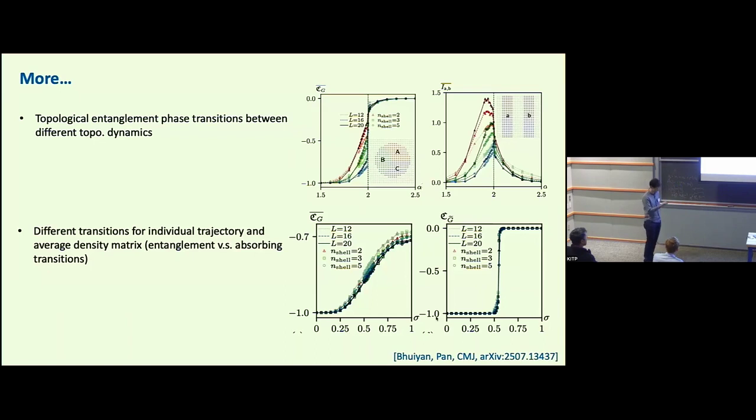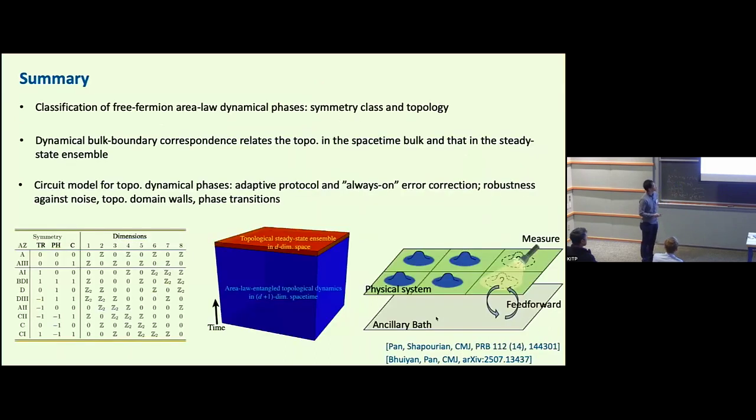Okay, so this is a quick summary of what I told you today. I gave you a classification of free fermion area law dynamical phases, starting from symmetry classification, and then for every class of area law phases, the landscape gets subdivided according to their topology.